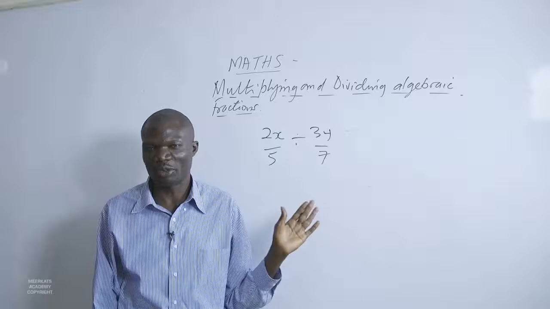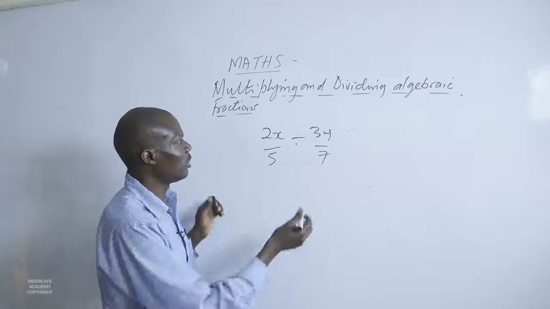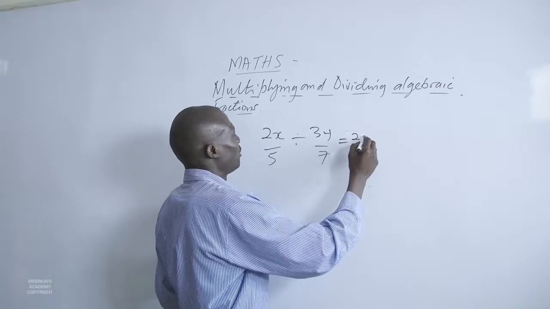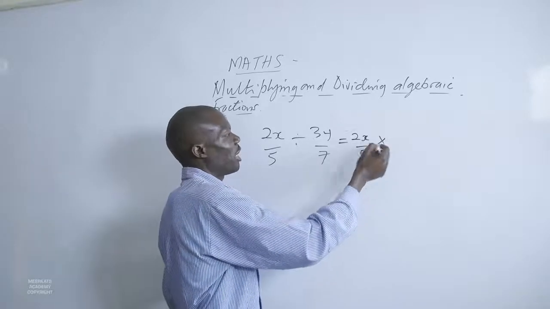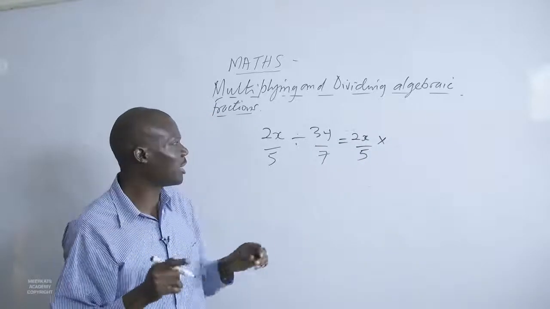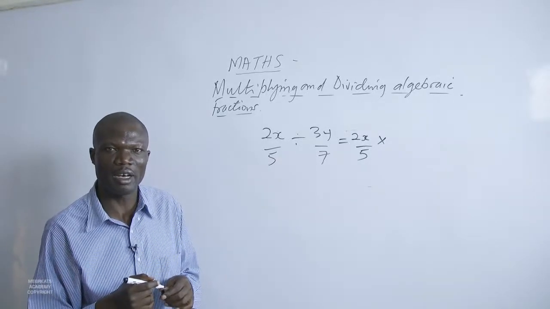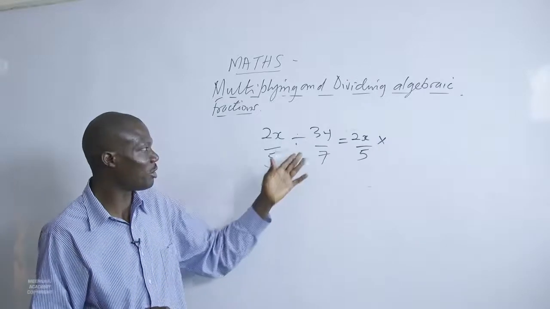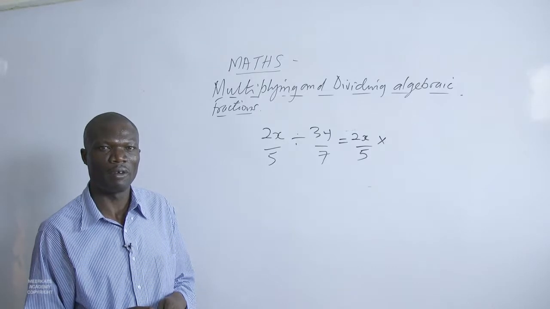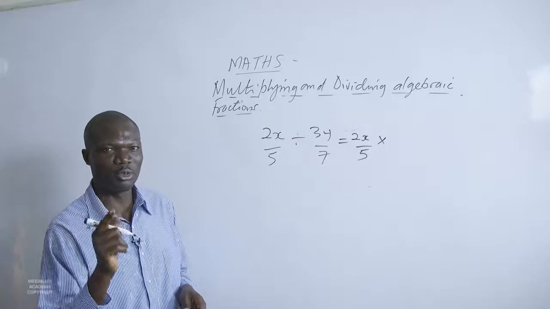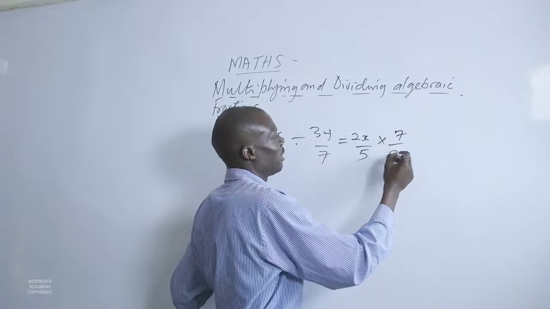As we have just seen, dividing is the same as multiplying by, what? Its reciprocal. So we shall write this and have 2x over 5 multiplied by the reciprocal. What is the reciprocal of 3y over 7? Ask your colleague, what is the reciprocal of 3y over 7? Yes. You have been told that we invert this, which will give us 7 over 3y.